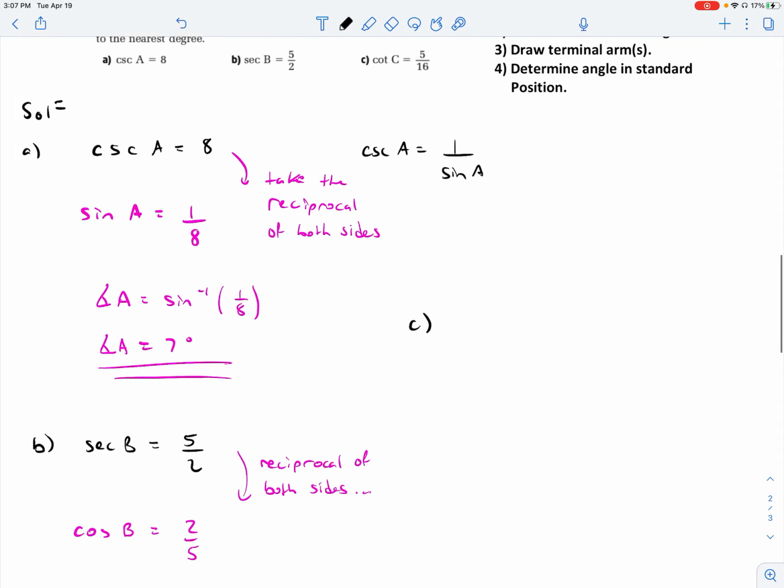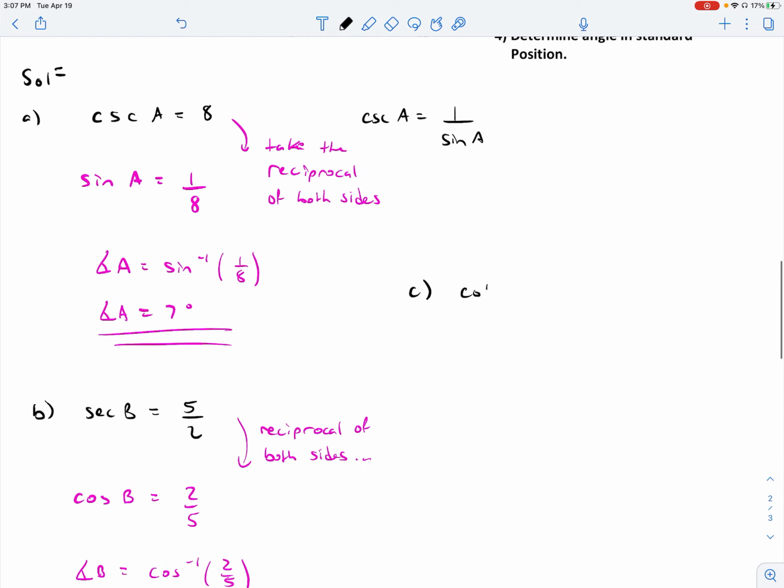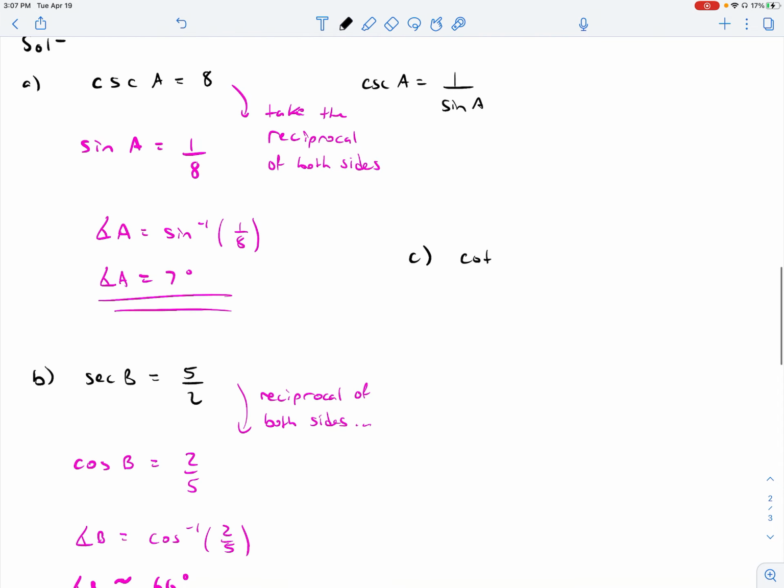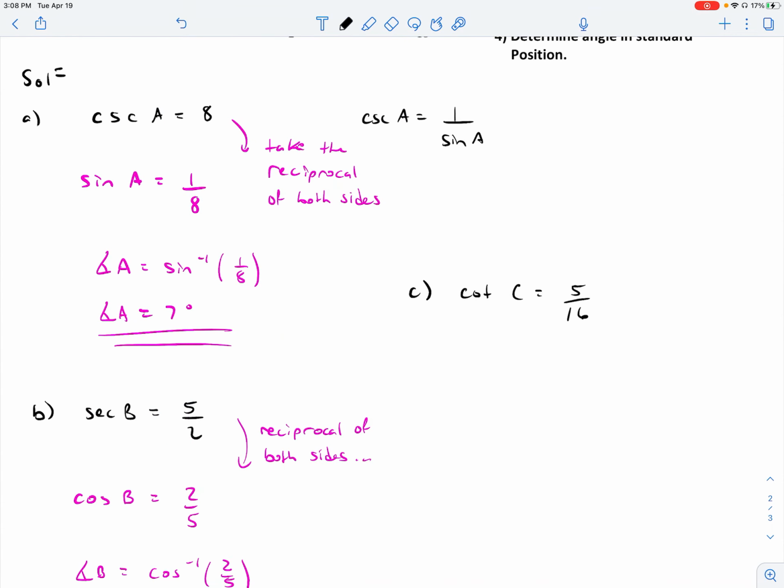All right, and the last one, cotan. Cotan C equals 5 over 16. We take the reciprocal of both sides. The reciprocal of cotan is tan, and the reciprocal of 5 over 16 is 16 over 5.